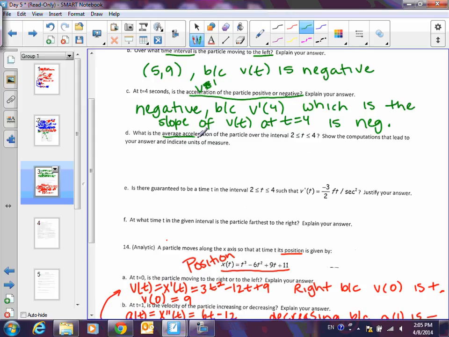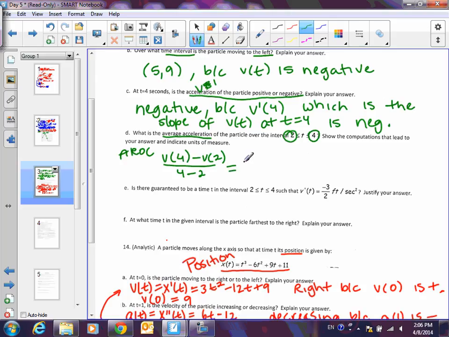Average acceleration. What does that make you think of? Rate of change. They give us our 2 endpoints, so you have to show this step: v of 4 minus v of 2 over 4 minus 2. You can't just look at it on the graph. I think a lot of you could find the slope, but you need to show this.